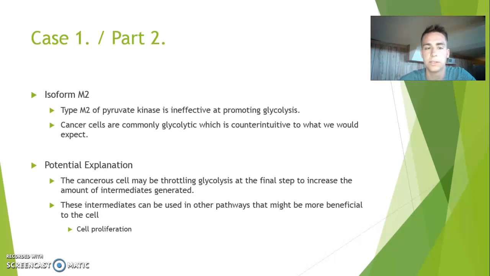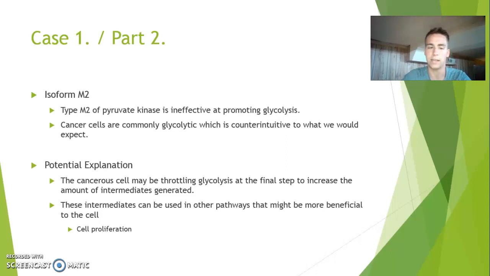So the question is, why would a cancer cell be encouraging ineffective glycolysis progression? It's important to note that pyruvate kinase is the last part of the glycolysis pathway, which leads into the potential explanation.